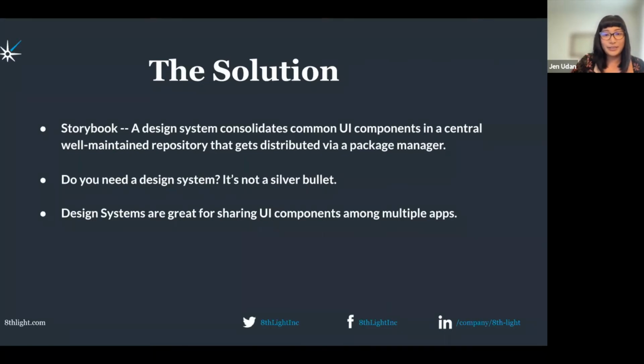It's great not only for devs and designers, but to any stakeholders that are looking at your project and want to see progress. It gives you a neat little storybook to show them in the browser of all your components. And they can play with it, they can change different things and see different variations of a button, for example, or a modal or a menu. And it just makes everything really nice to look at.